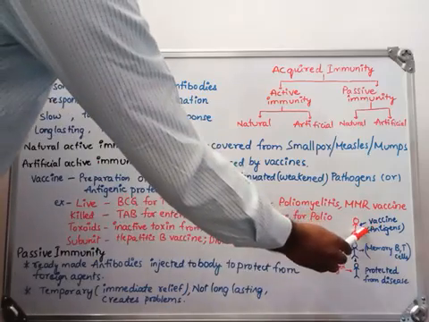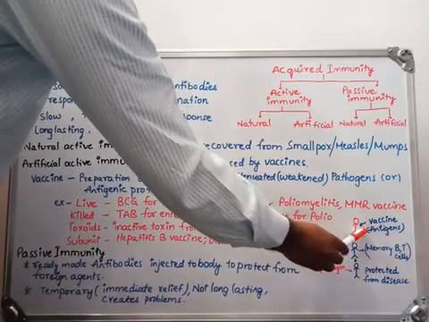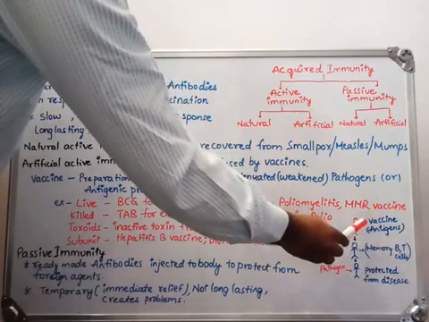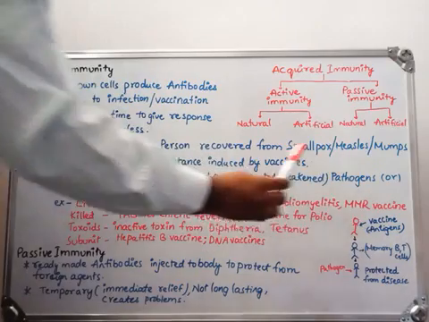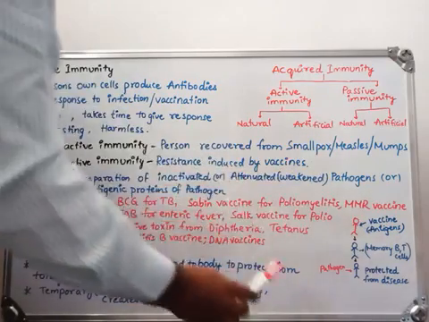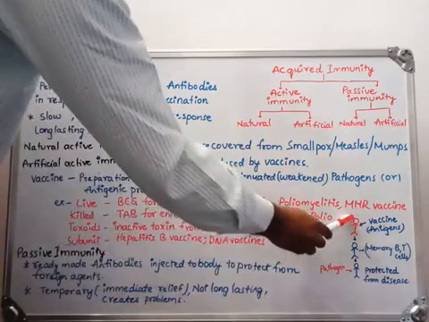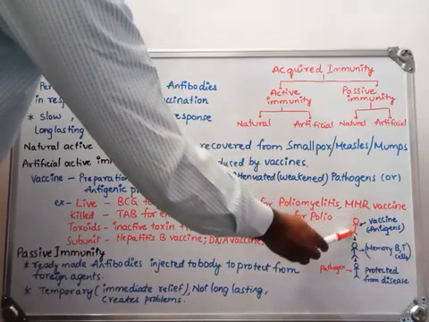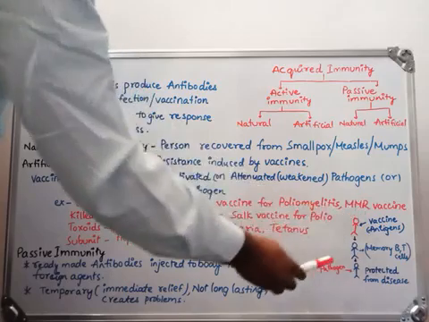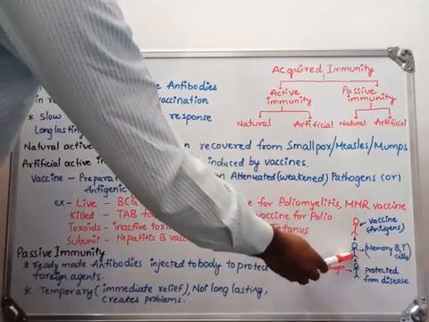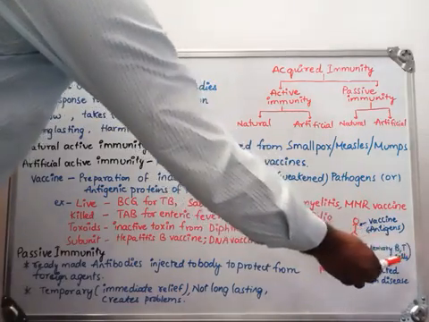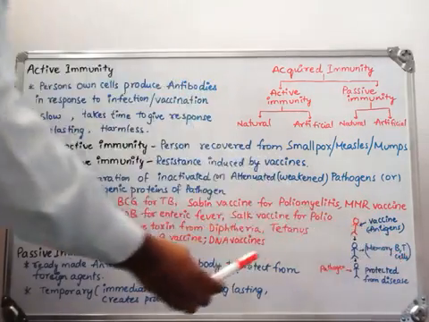There is a fight between the antigen and the antibody, and they are eliminated. Meanwhile, there is also production of memory B and T cells. Now what happened? The person won't get the disease because of the vaccine, but the immune response is protecting him. So what is the immune response now? The immune response contains memory B and T cells against these antigens.